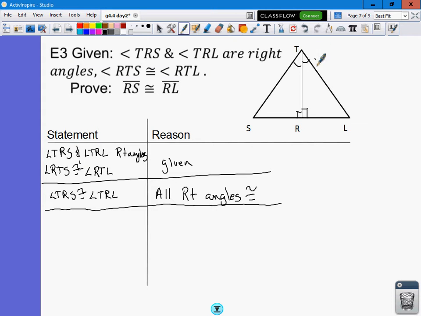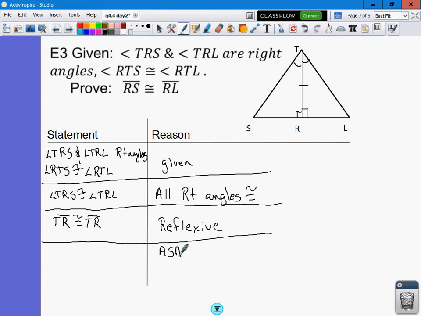I'd now have two angles. What's missing? A side, specifically RT or TR is congruent to, and the property, and I'm going to mark it. Are the two triangles congruent? By angle, side, angle. Again, the order doesn't really matter. I'm going to go TSR.